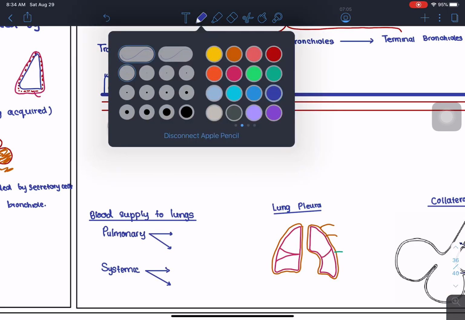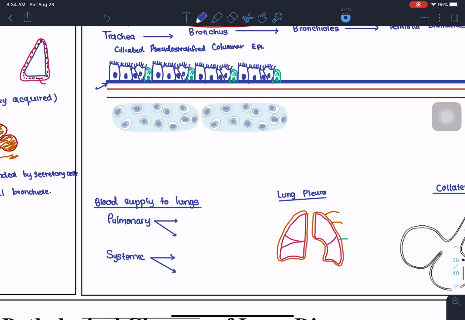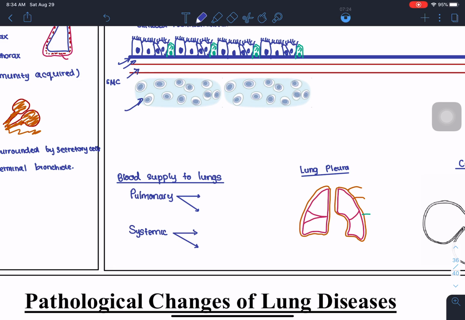Now it has the general mucosa structure. First you have the basement membrane, and then you have the epithelial layer, and then you have connective tissue, areolar tissue usually, and then what is here in red is smooth muscle cells. And trachea and bronchus are covered by rings of cartilage. This is basic anatomy.